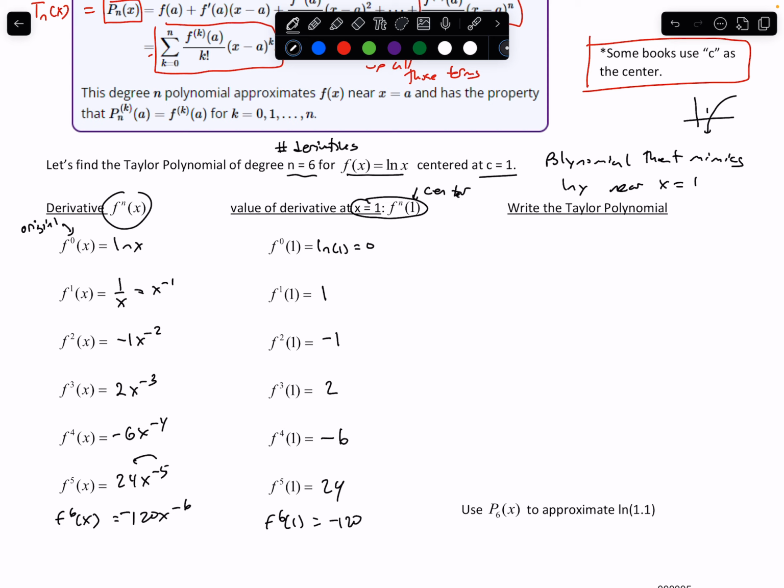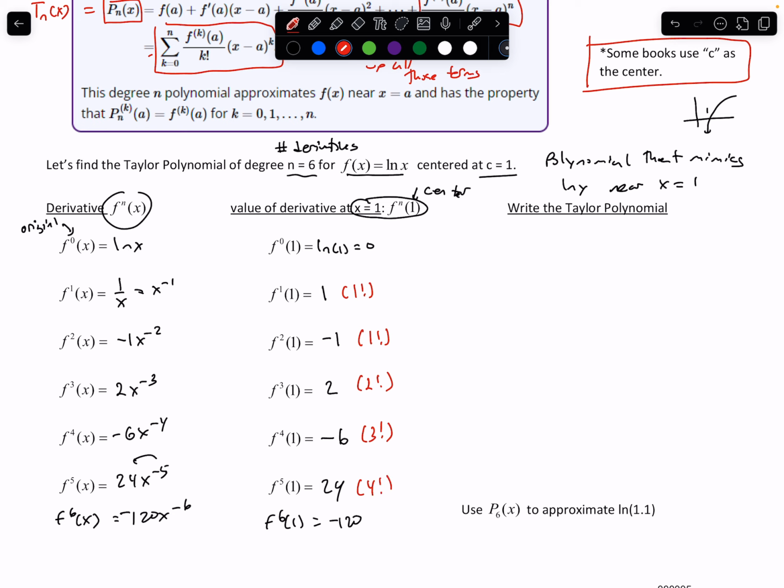Now, if you're really clever, you should notice there's a kind of a pattern here. The first derivative right here is just 1 factorial. The same thing for the second derivative, 1 factorial, 2 factorial. 6 is just 3 factorial.